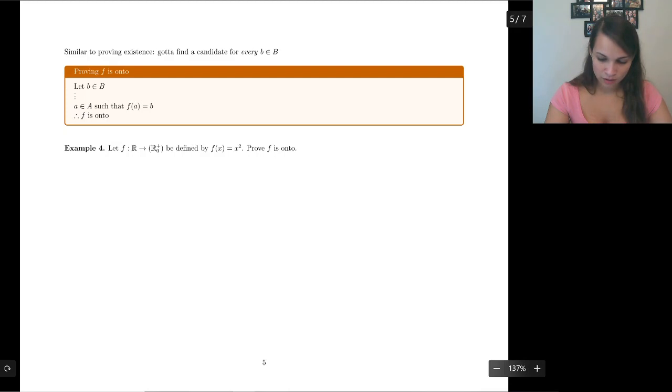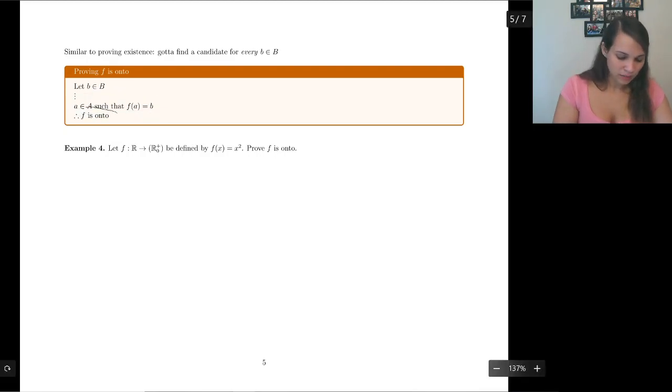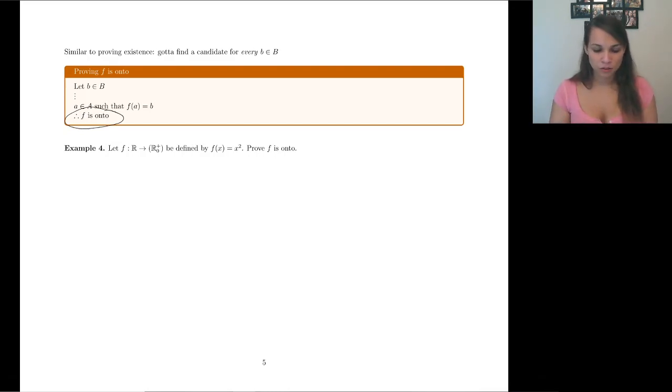So we start with some random element that is in B, and then we eventually work down, probably using some algebra, to find the A that works so that f of A will equal B. Since B was arbitrary, that means it works for all the B's, therefore f is going to be onto.